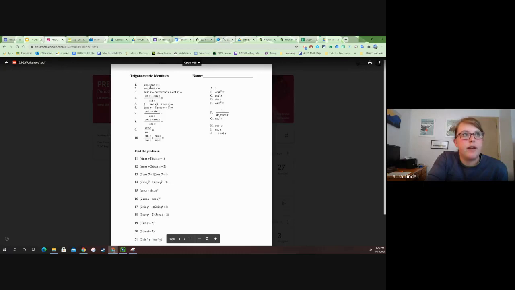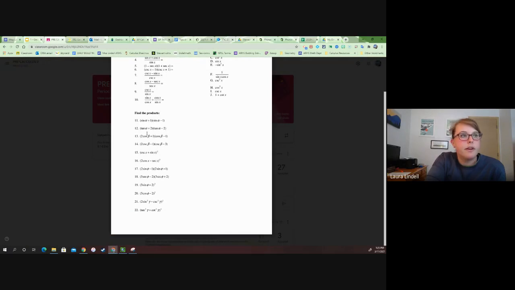So you're simplifying these trig identities. The first couple are pretty simple, and then from there it gets a little more difficult with knowing what to do for each of these. But you're matching them to things over here, so at least you have some kind of a goal of what these things are supposed to look like at the end.